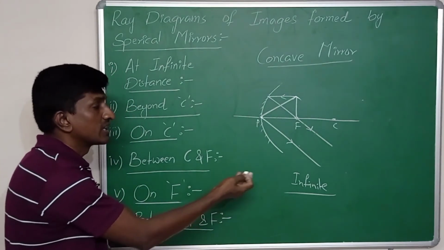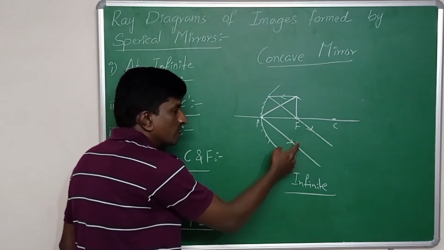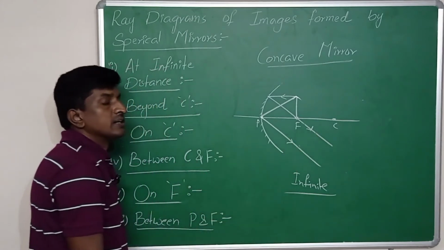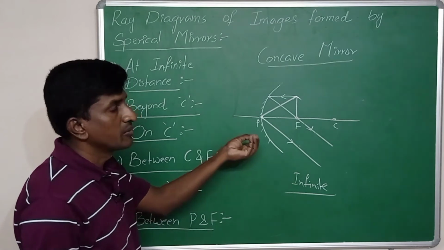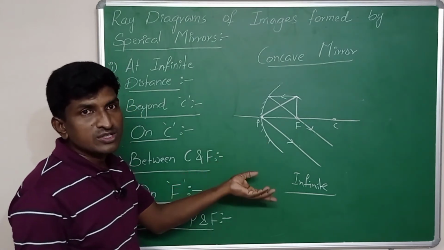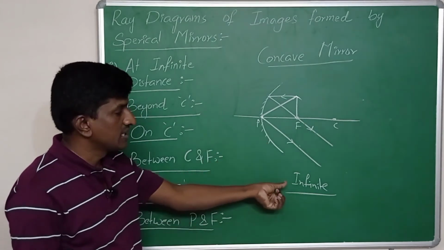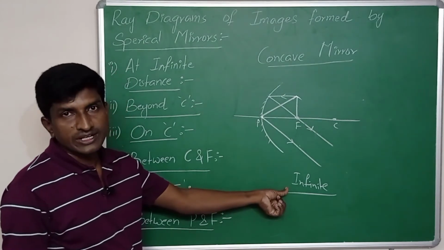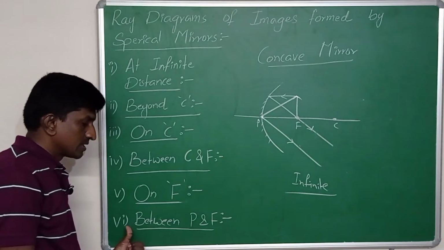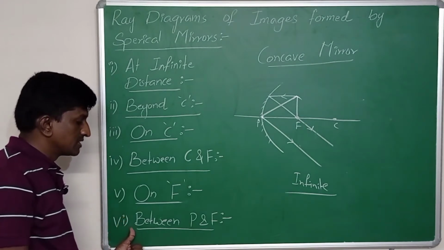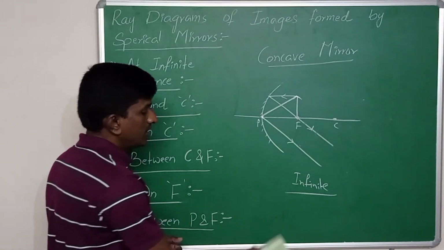We can't say where the image is formed because these two reflected light rays are parallel to each other. So we can't say whether the image is enlarged or inverted because the image is formed at infinite distance. And the last one, the position when the object is placed between P and F.